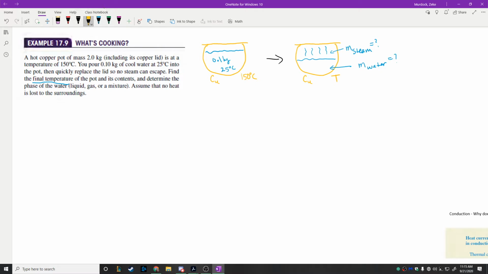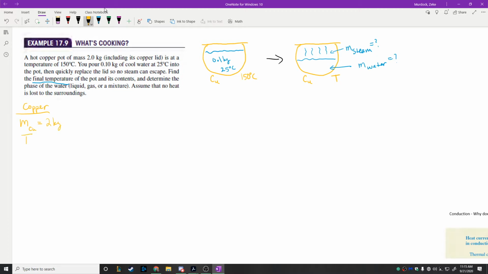So we know for the copper, I guess the yellow looks okay on the screen, that we start off with a mass that's equal to 2 kilograms. We also know its initial temperature.